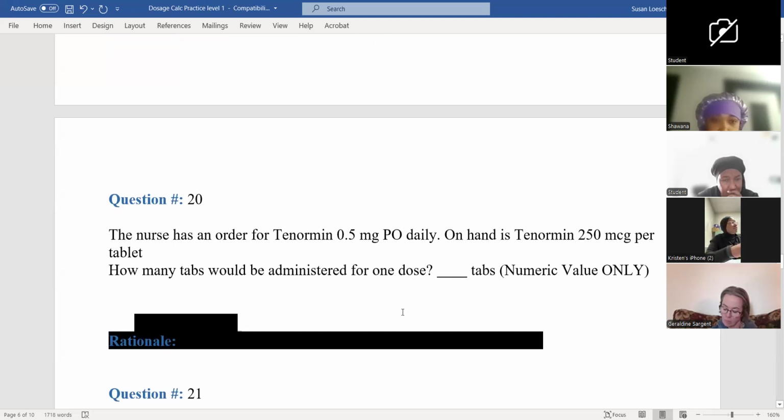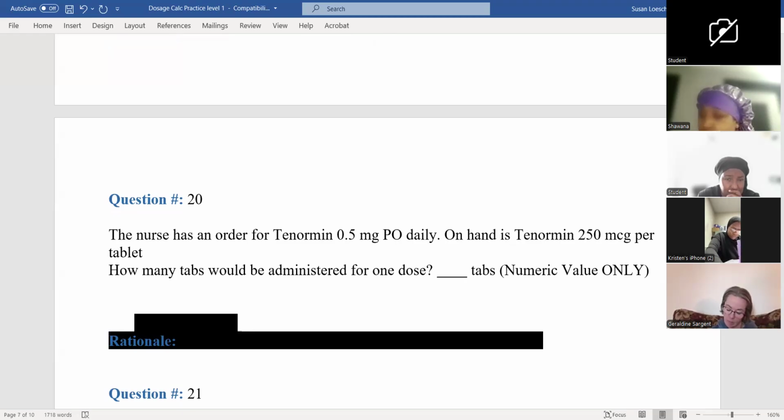Okay, now let's look at this statement, and it's asking you how many tabs would be administered for 1 dose. Formula for dose is? What's the formula for a dose? Desired over have.